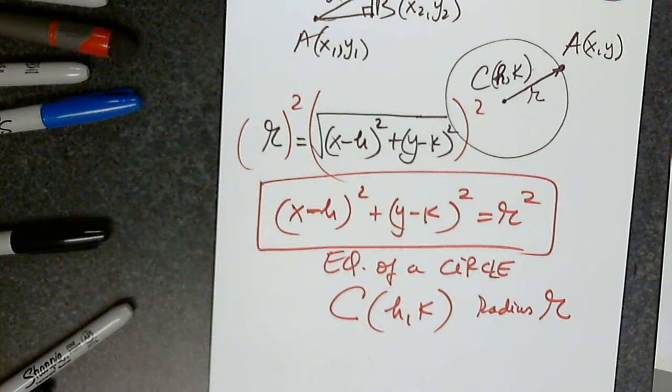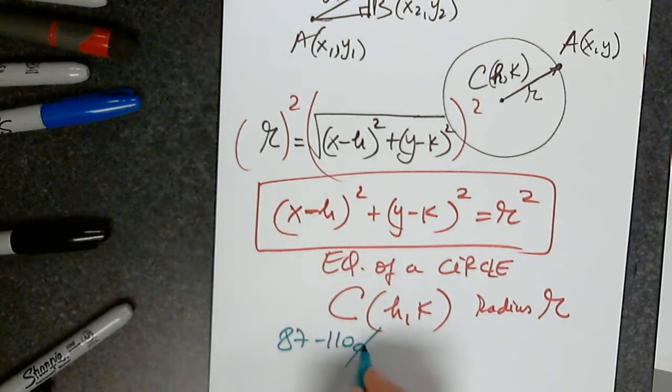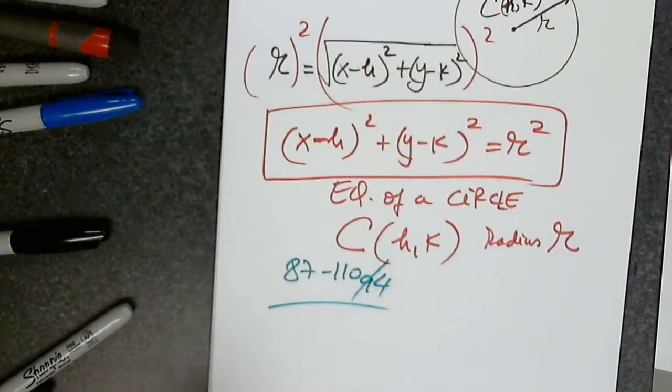On page 94, we're going to look at problems 87 through 110. Find the center and radius of the circle and sketch its graph.